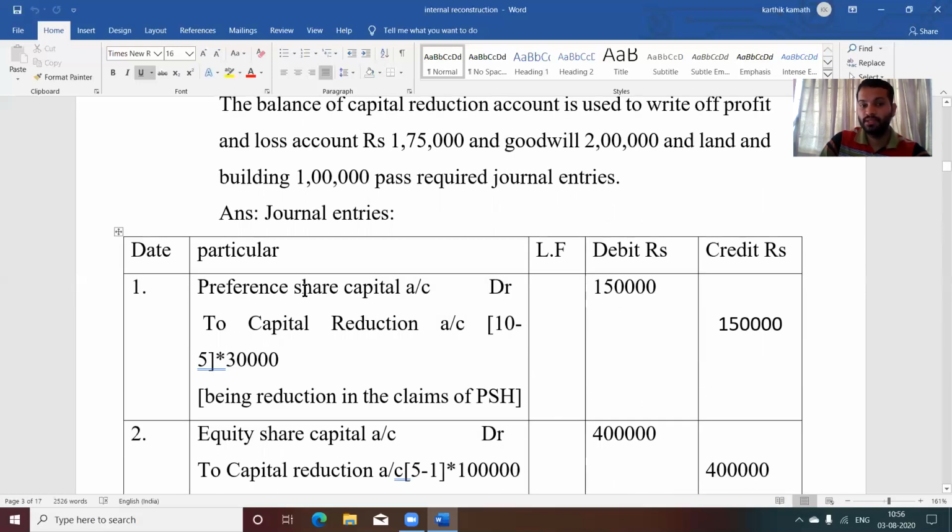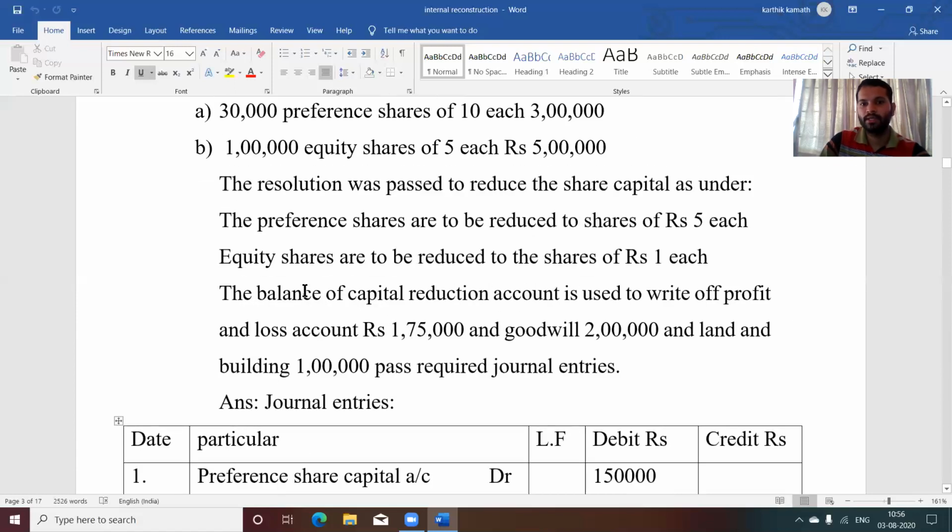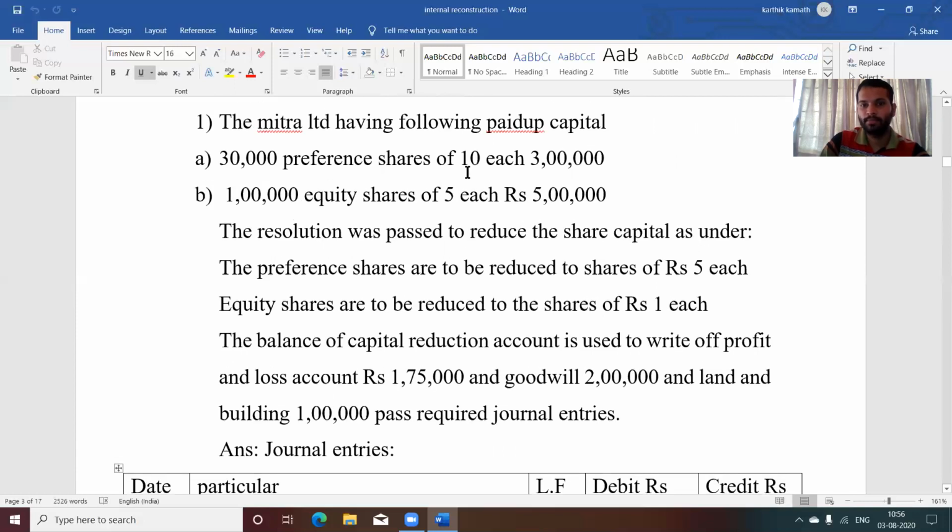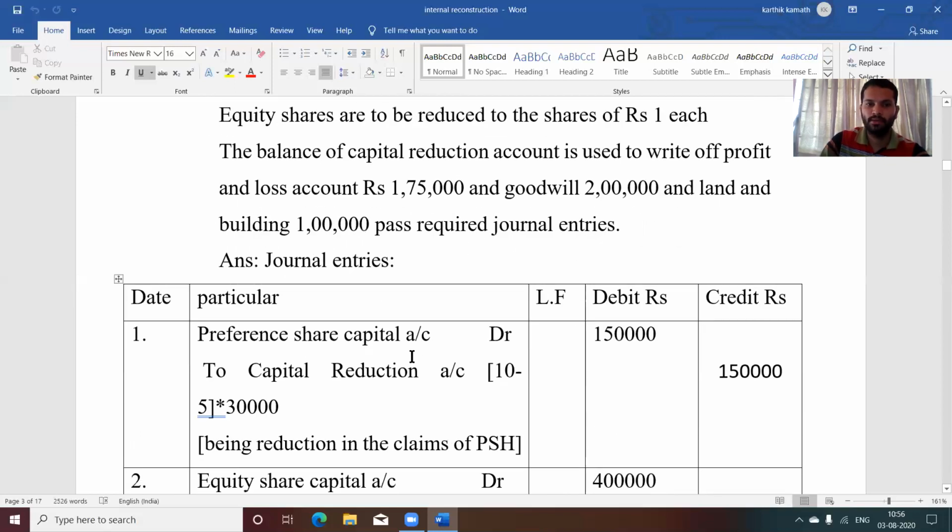So 30,000 into the reduced value of shares, which is 5. The paid up capital is 10 each. So 10 minus 5, 30,000 into 5, that is 1,50,000. Narration being reduction in the claims of preference shareholder.